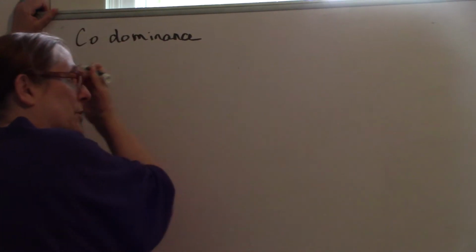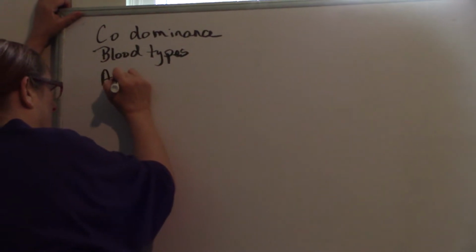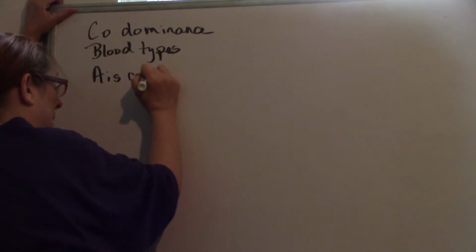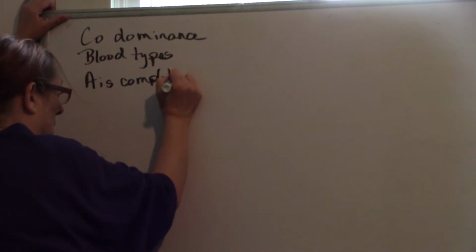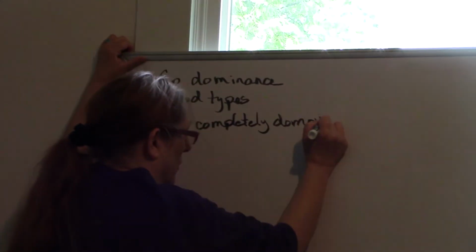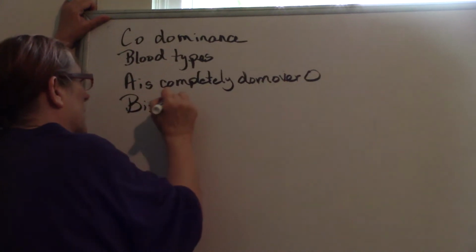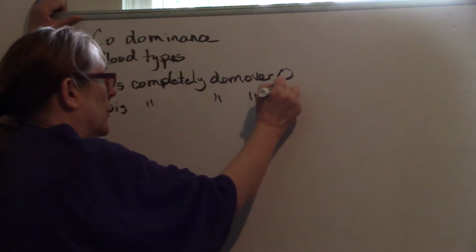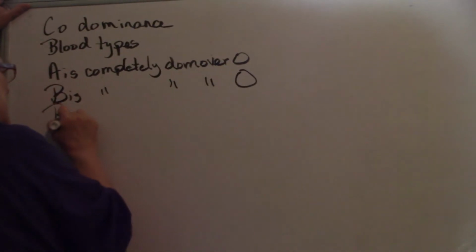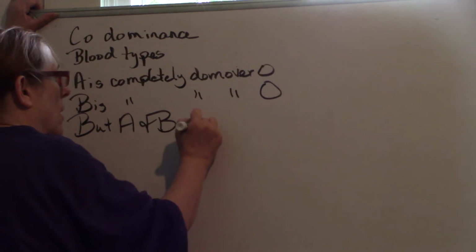Now, again, the blood types are a little more complicated, so let's do this. Blood types. A is completely dominant over O. B is completely dominant over O. But A and B are codominant.